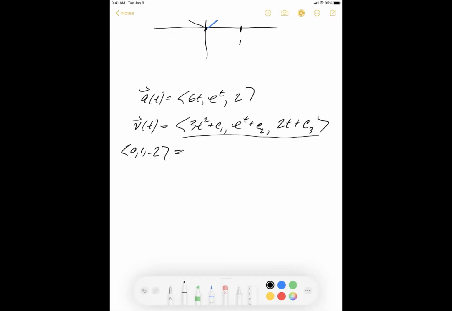So by plugging in 0, here I'll write an in-between step. This is v of 0, which is c1, 1 plus c2, and c3. So that tells us c1 equals 0, c2 equals 0, and c3 equals negative 2. So now in final form, v of t is 3t squared, e to the t, and 2t minus 2.